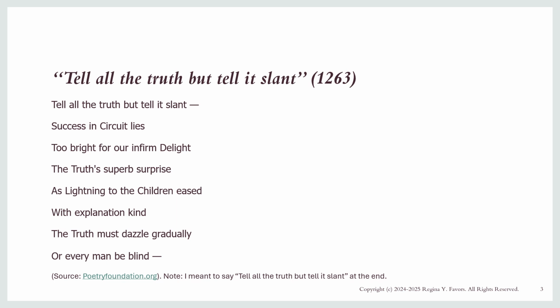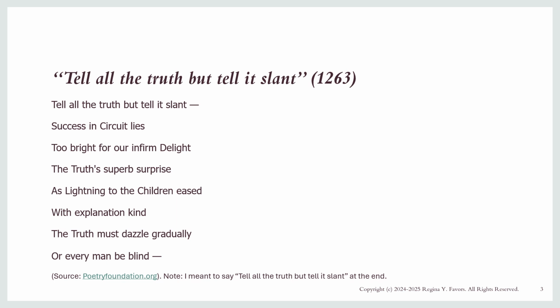So if you don't exercise some sort of kindness in how you explain it, and then not only lowercase truth, but uppercase truth, in terms of gradually dazzling them, moving them from an infirm delight to a gradual dazzle of the truth, then they may decide to just be blind altogether.